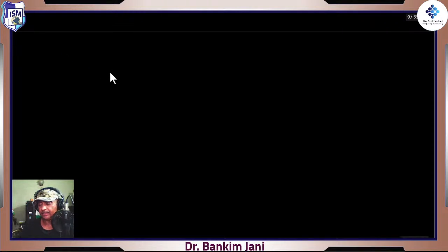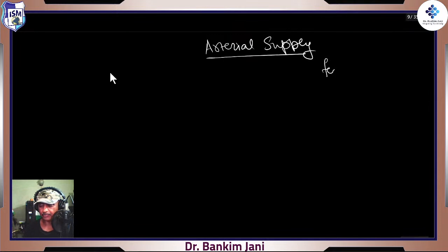Now, regarding blood supply, I don't have to tell you, because in arterial supply and venous supply, we know it so well. We have understood it in the form of foregut, midgut, and hindgut.